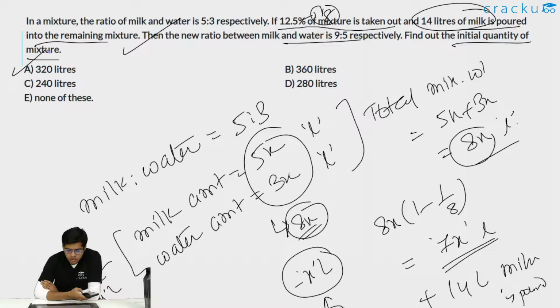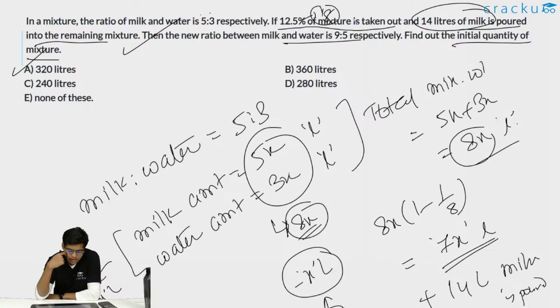How would you solve this in an exam scenario? Good question. In an exam scenario, to be honest, instead of 5x, 3x, I would have taken, say, 50x and 30x. So it would have been 80x.